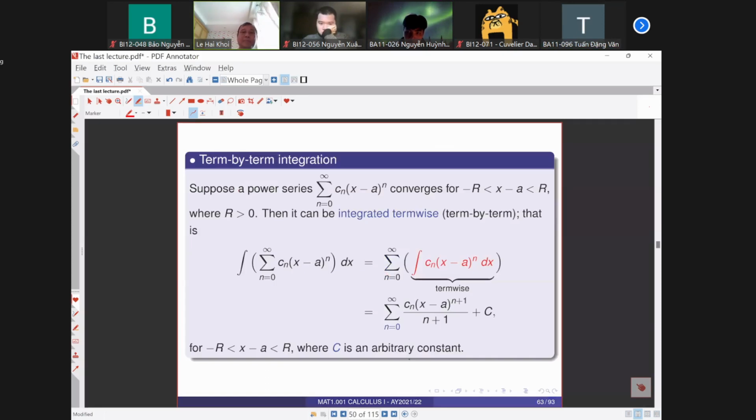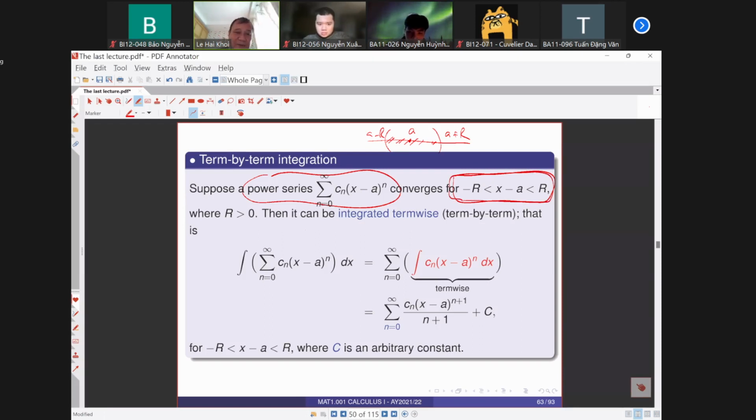Okay. The same you can do for integration. Suppose the power series converges on this interval, which means you have a minus a to a plus a converging here. I want to remind you again that I don't talk about the radius of convergence of this series. I talk about a convergence interval.